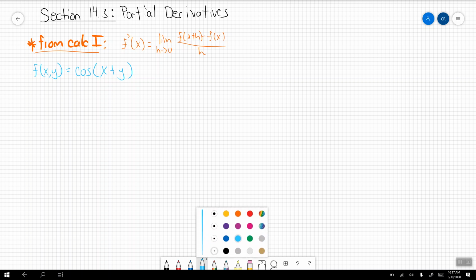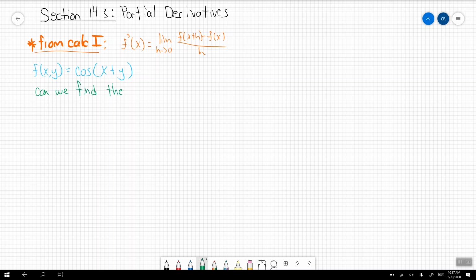Now, the question becomes, can we find the rate of change at the point 0, 0?